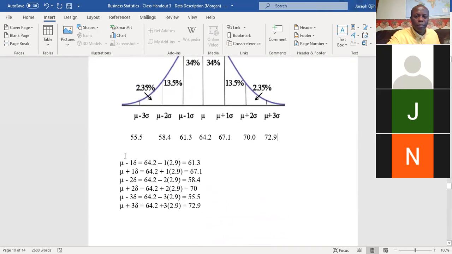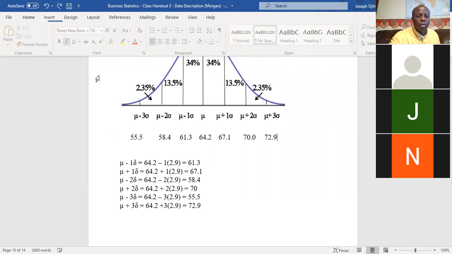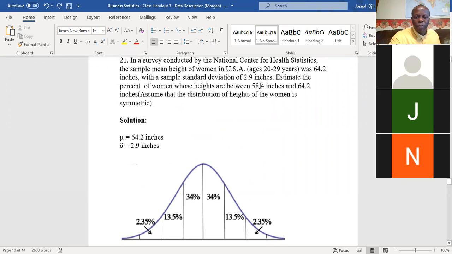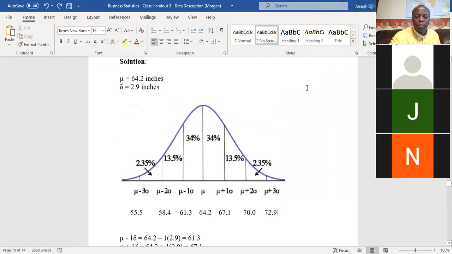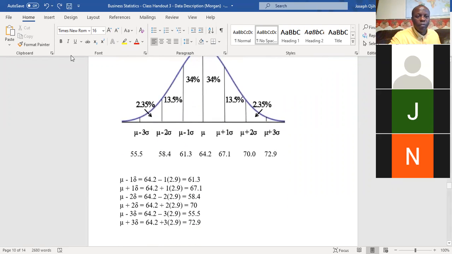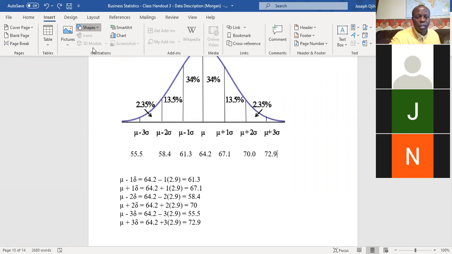You can see that 58.4 is from here to 64.2.